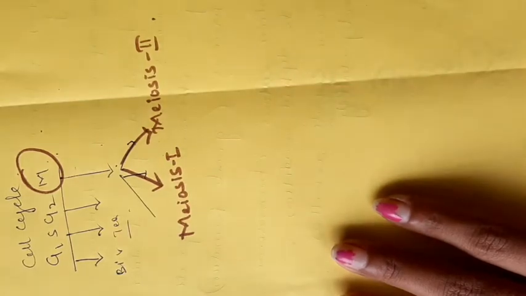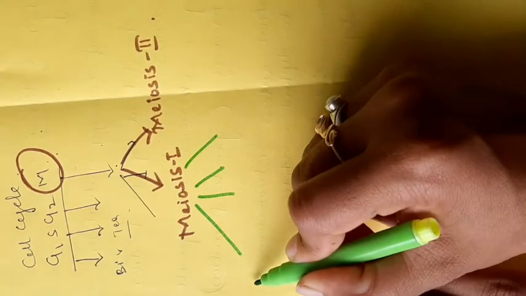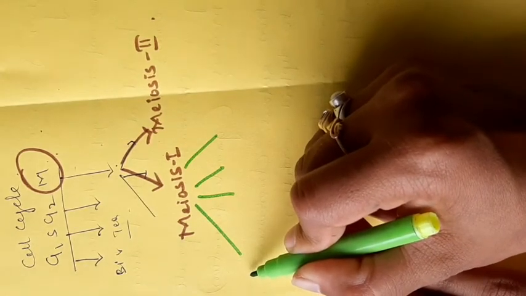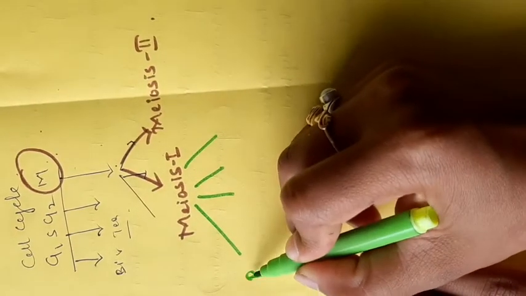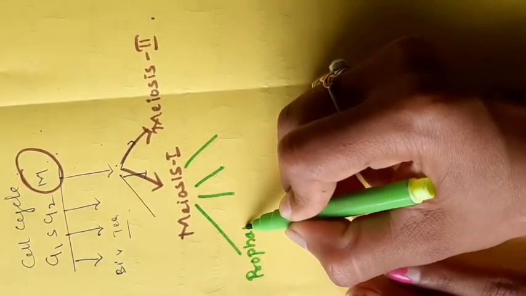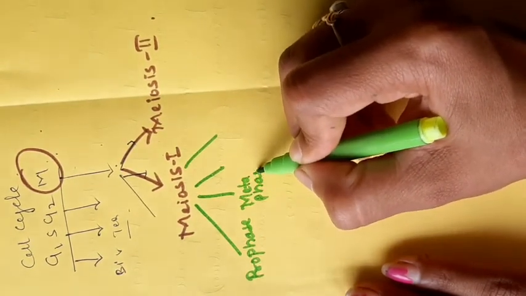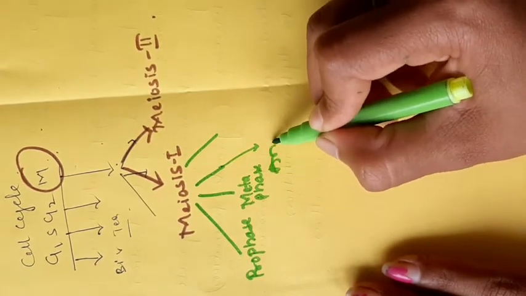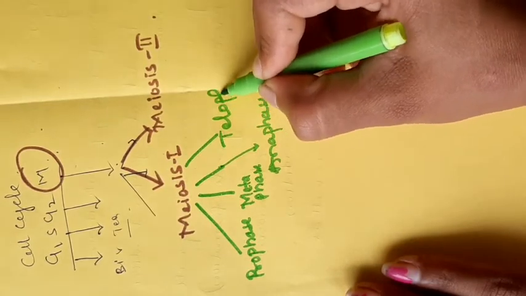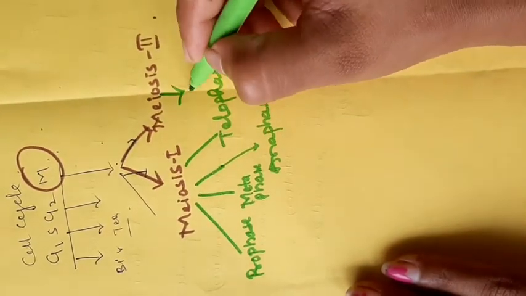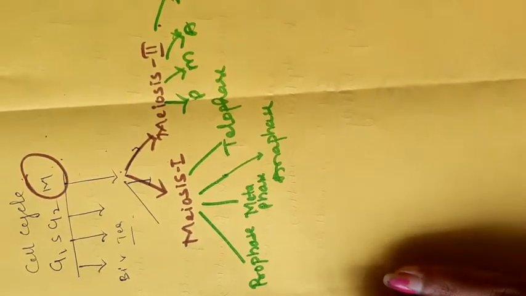In meiosis we can see four different stages: prophase, metaphase, anaphase and telophase. Same here, prophase, metaphase, anaphase and telophase.